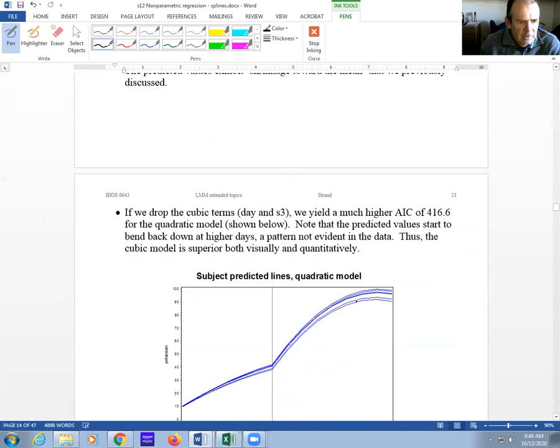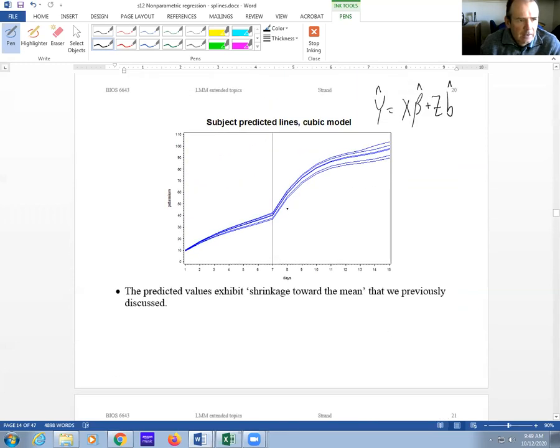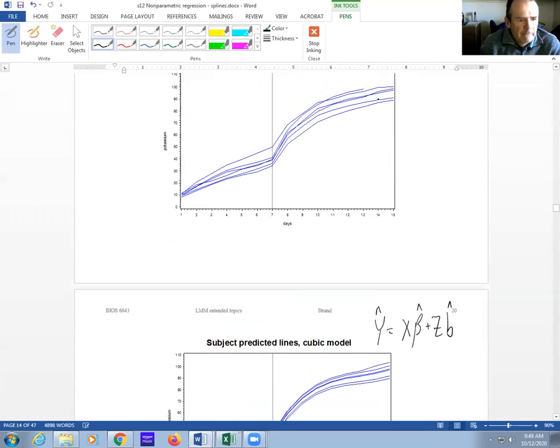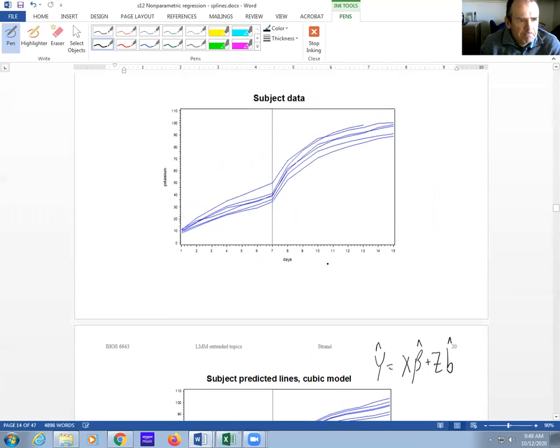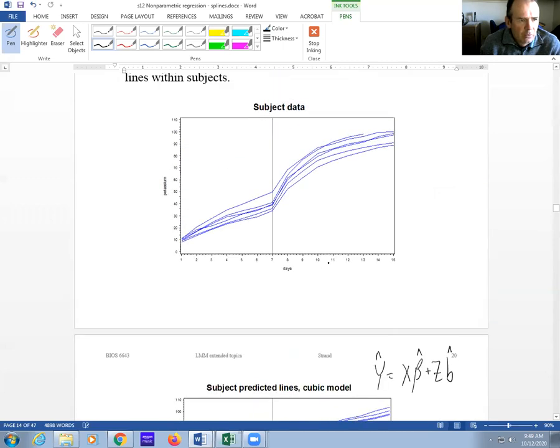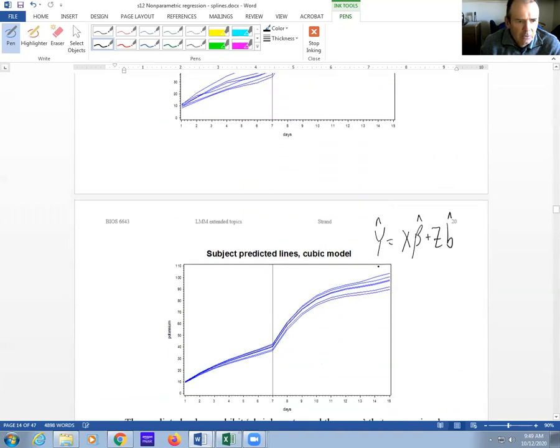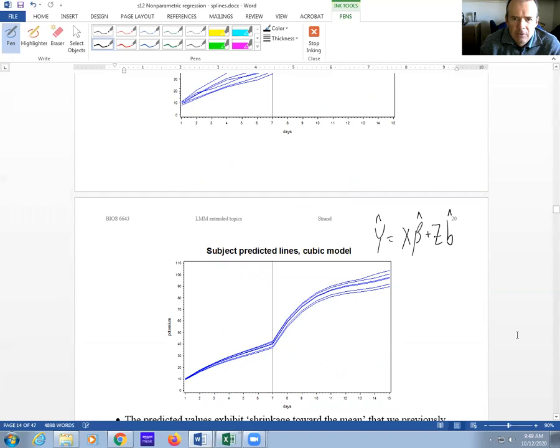So it reaches a top, but it's actually starting to come back down a little bit because of that constraint. And the reason why the cubic works is because it allows that flattening that we see at the end there. So even though we don't see a strong cubic here, to get that flattening, we need that cubic term in order to get a better fit.